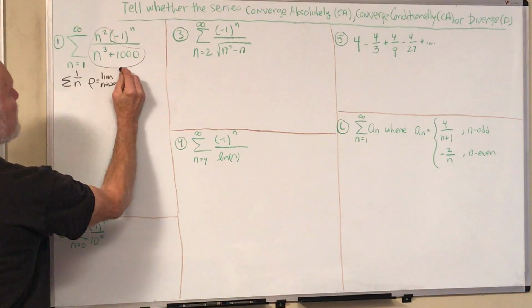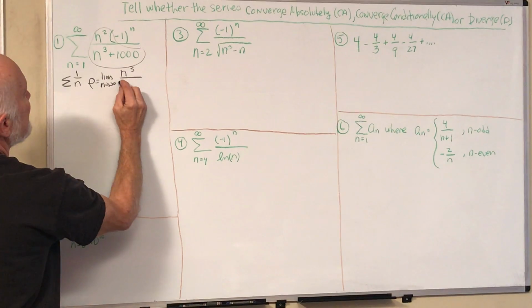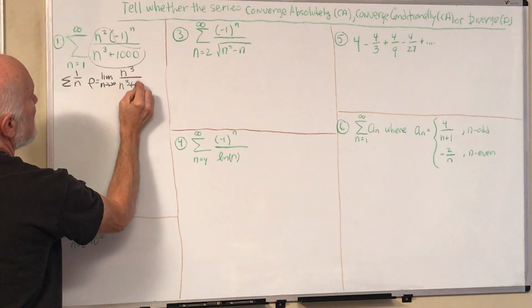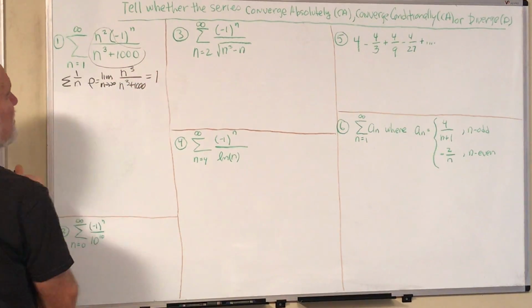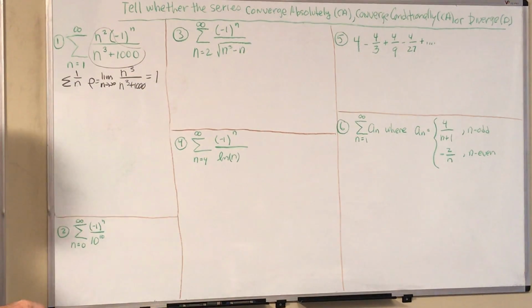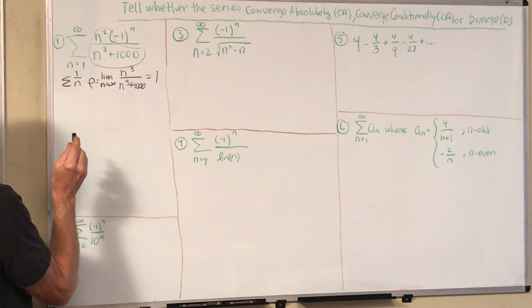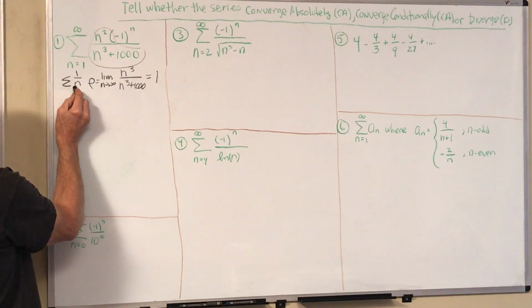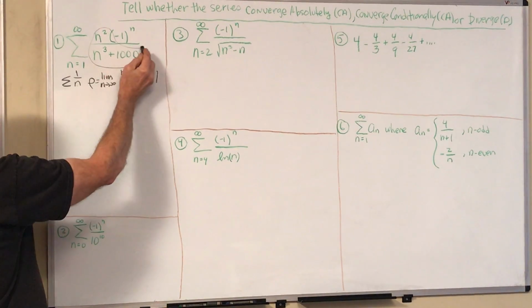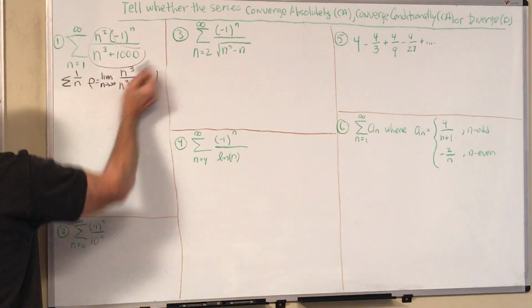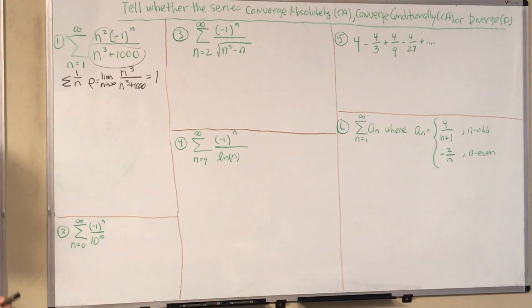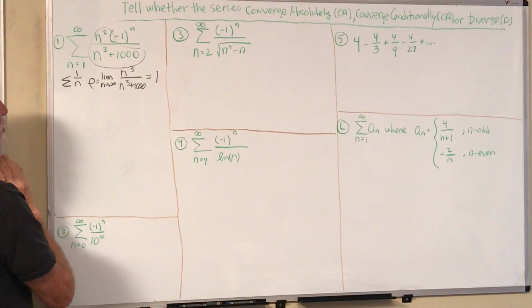When I divide by 1 over n, I get, so the limit equals 1. And 1 is a number, then it's not 0. Therefore, they compare favorably by the limit comparison test. And 1 over n diverges. Therefore, this whole thing diverges if it doesn't have the alternating in it. So I know it doesn't converge absolutely.